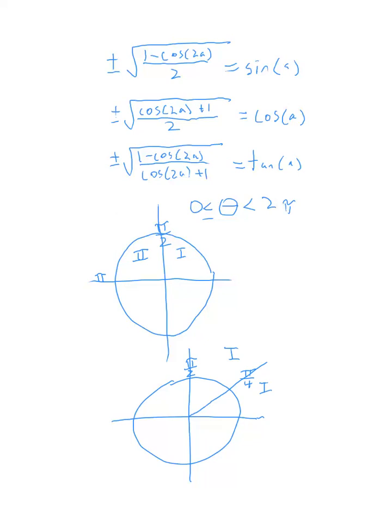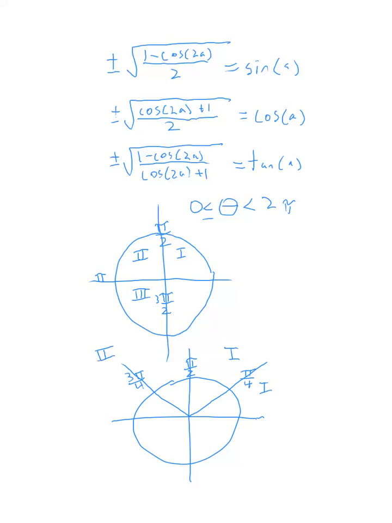Now, if theta was in quadrant 3, then maybe we can tell what's about to happen. The biggest it could be would be 3 pi over 2, which once we cut that in half, the biggest theta over 2 would be 3 pi over 4. But this is in quadrant 2.